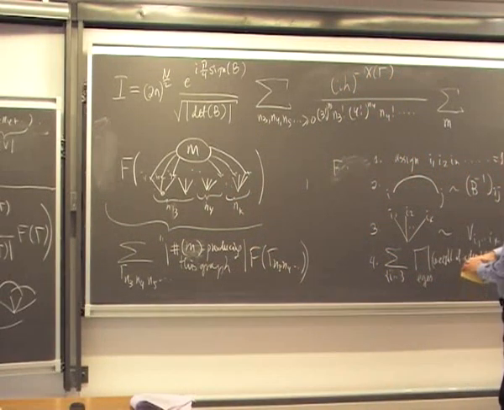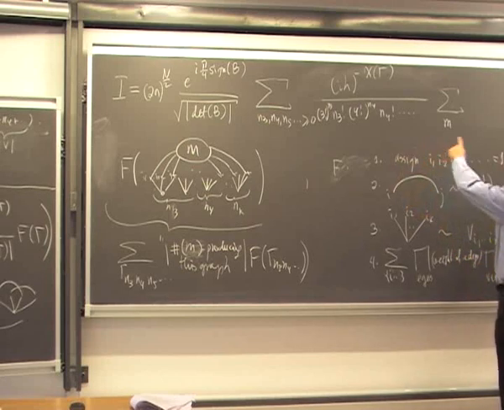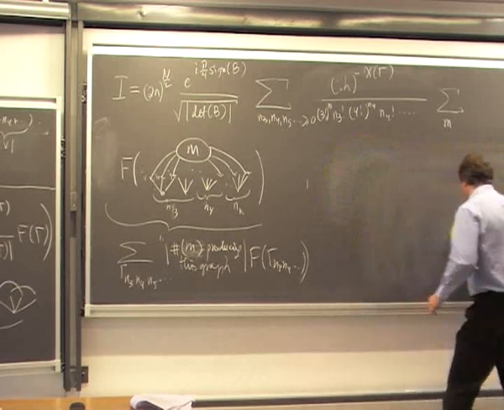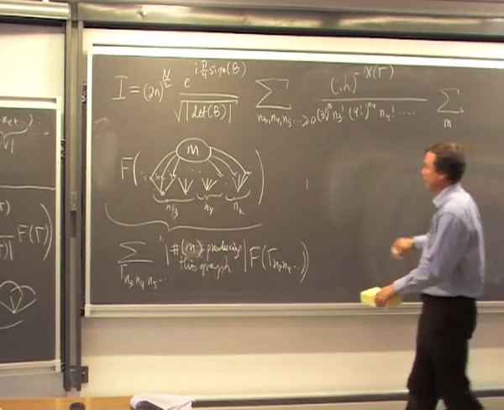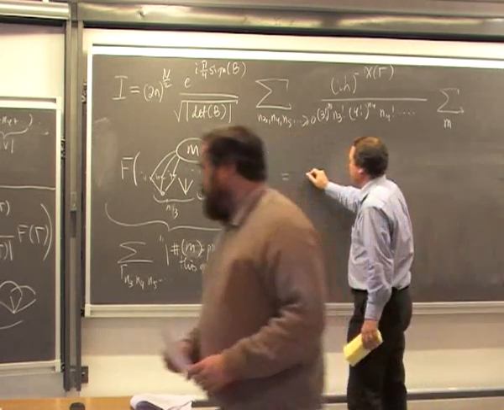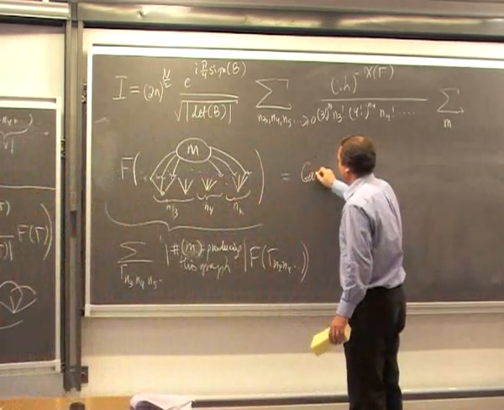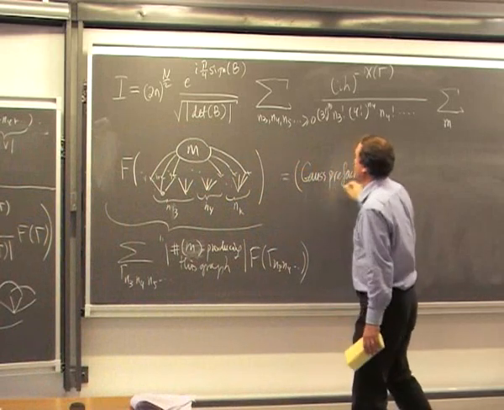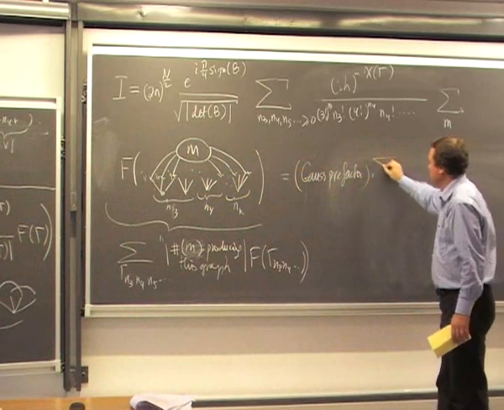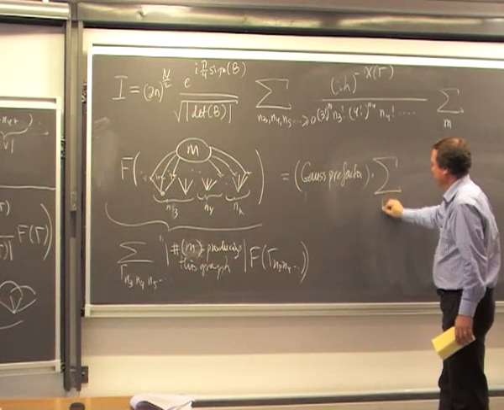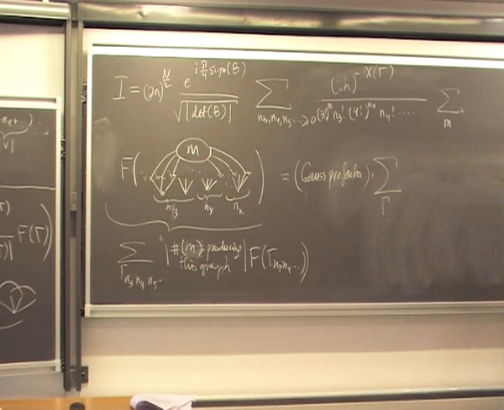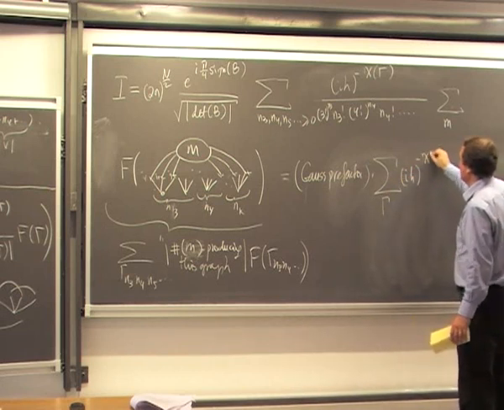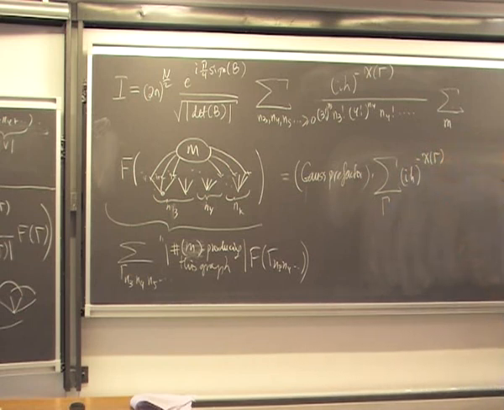Alright, so now we can write this sum over perfect matchings as this Gaussian prefactor and then sum over all graphs IH to the minus the Euler characteristic of the graph.